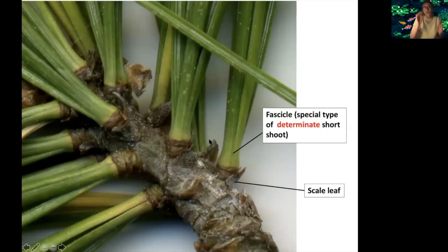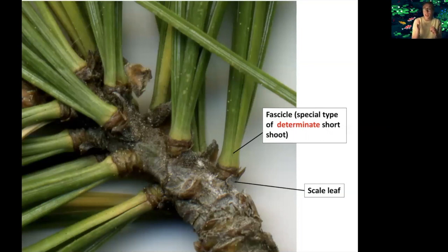Okay, so it's a little deceptive the way the branching and the phyllotaxy is working in the pines. So when lateral determinate organs are born on a long shoot, they will have the identity of being a scale leaf. So we have to look closely to see these. They will fall off. They're just very small. And so here we see a scale leaf, and then what do we have in the axil of every lateral determinate organ?